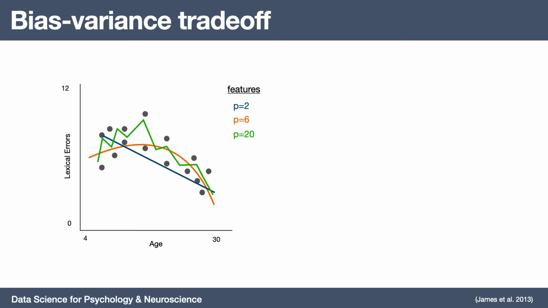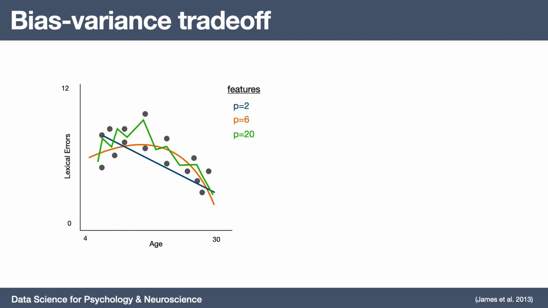So what ends up happening is that it has a poor ability to predict new observations. It is too flexible in terms of accounting for the variance in the data that I have, so that it doesn't generalize to new observations. Whereas the first case, where p equals 2, generalizes quite well, but doesn't explain a lot of variance.